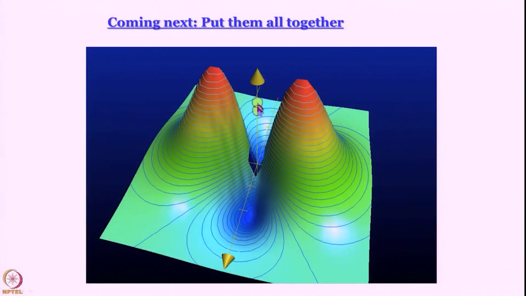Using these orbitals, we will be able to work out the regions of space where the probability of finding the electron is 90% or 95%, 98% or something. What you see here is a depiction of the wave function. The z axis, the vertical axis, is the wave function, the other two axes can be x and y or whatever, and you will see how we arrive at these kinds of shapes for the orbitals that we are going to study in the next lecture.